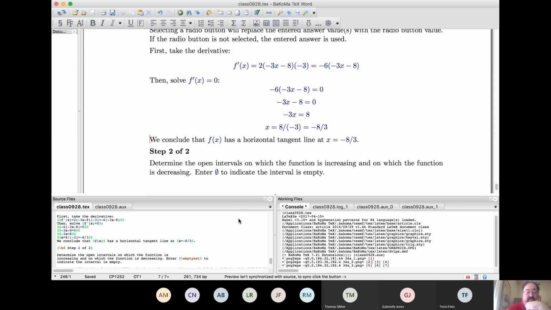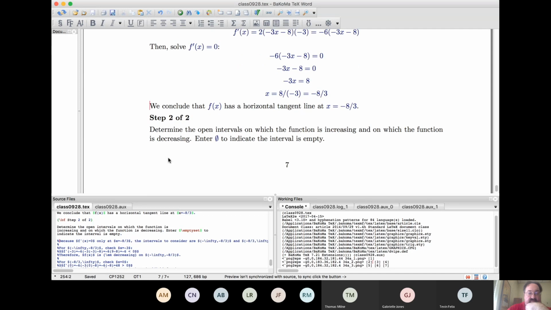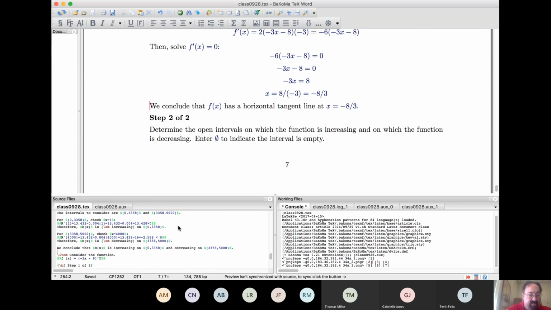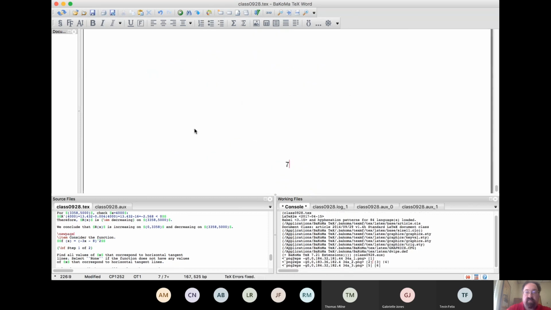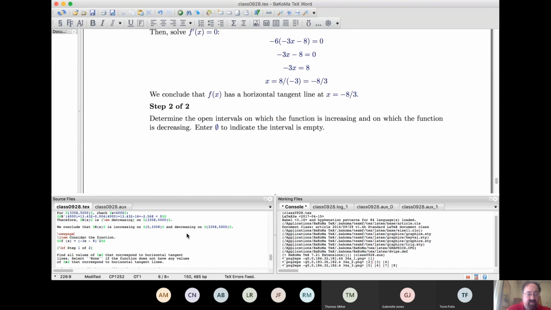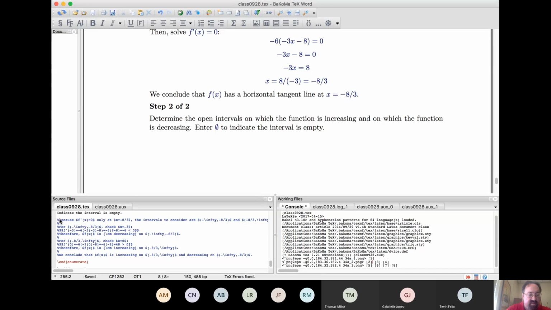So then I get two intervals to consider. At -8/3 is where we divide up the real number line.